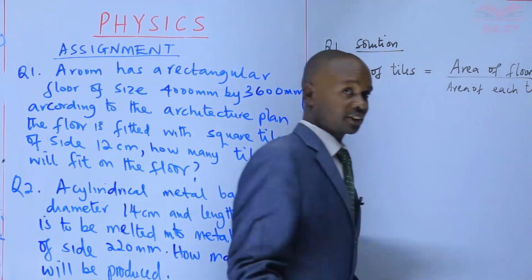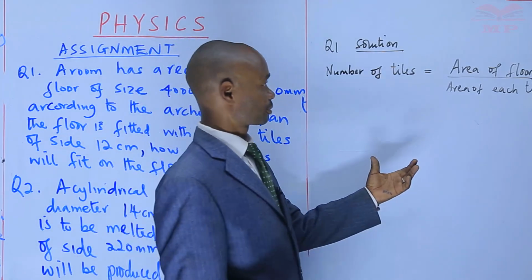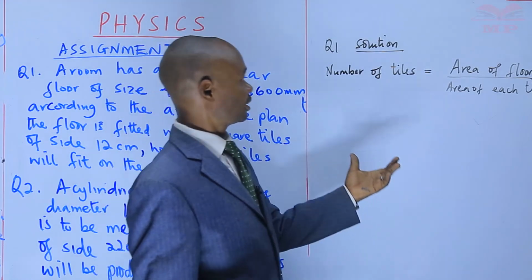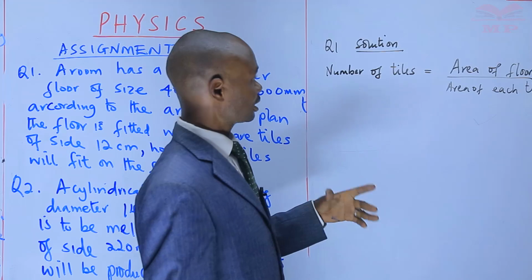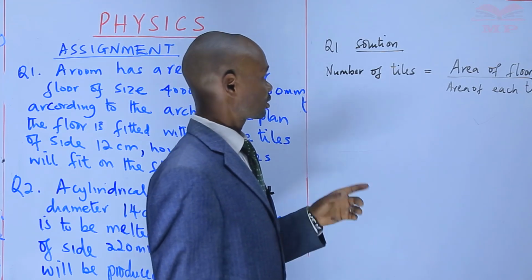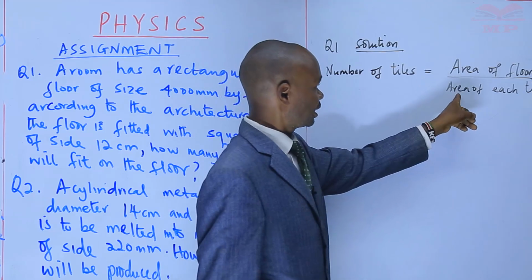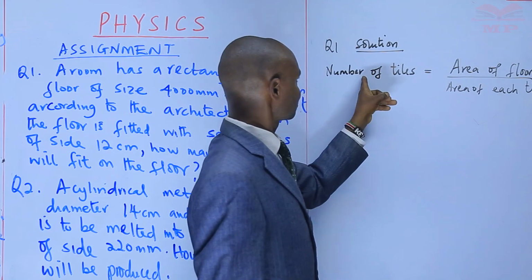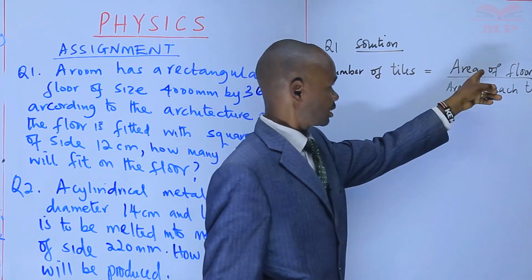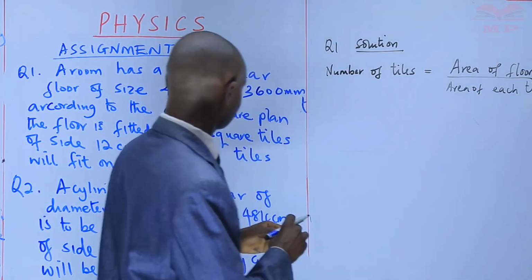For a very simple reasoning, I've said the total area of the tiles will give the area of the floor. Even if you cross multiply, area of tiles times number of tiles will give that area.